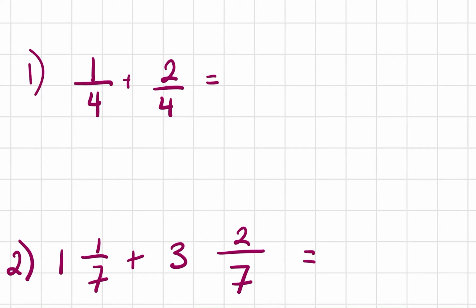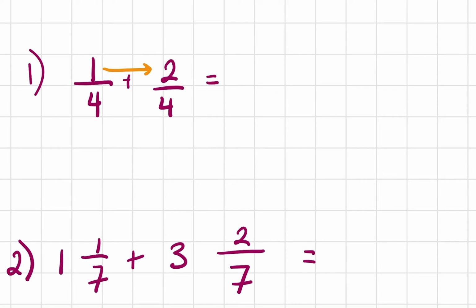Going ahead here, a few things that you need to keep in mind. Thing number one is they have to have the same bottoms. And in this case, on purpose, I did give you the same denominator. So we have a denominator of 4, which is great, so we can go ahead and add. When you're adding or subtracting, you only add the numerators or subtract the numerators. You don't look at the denominator.